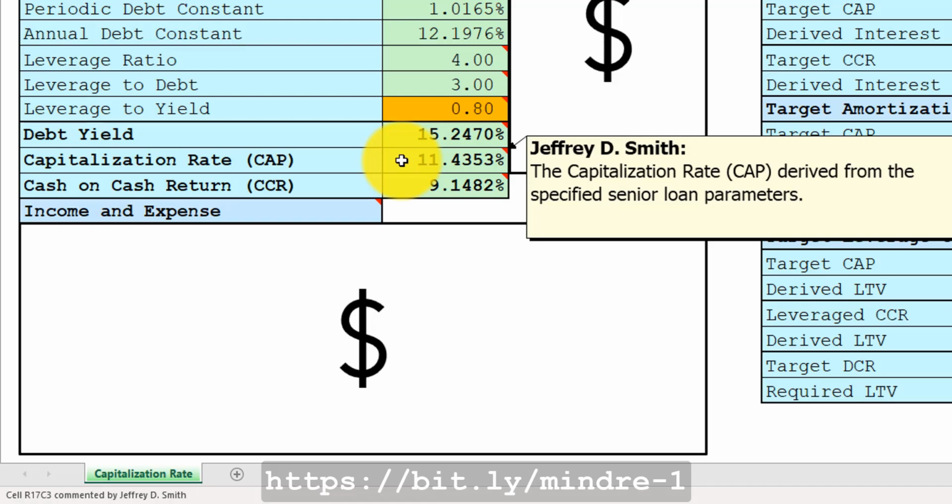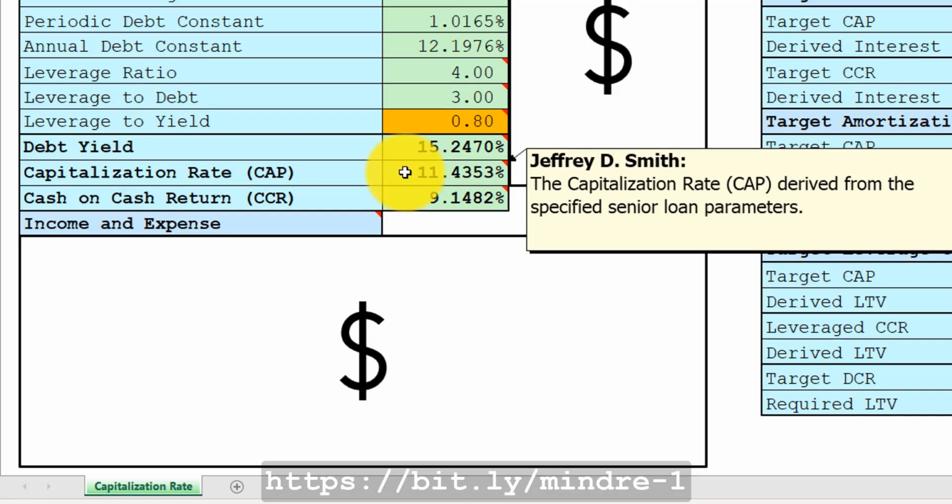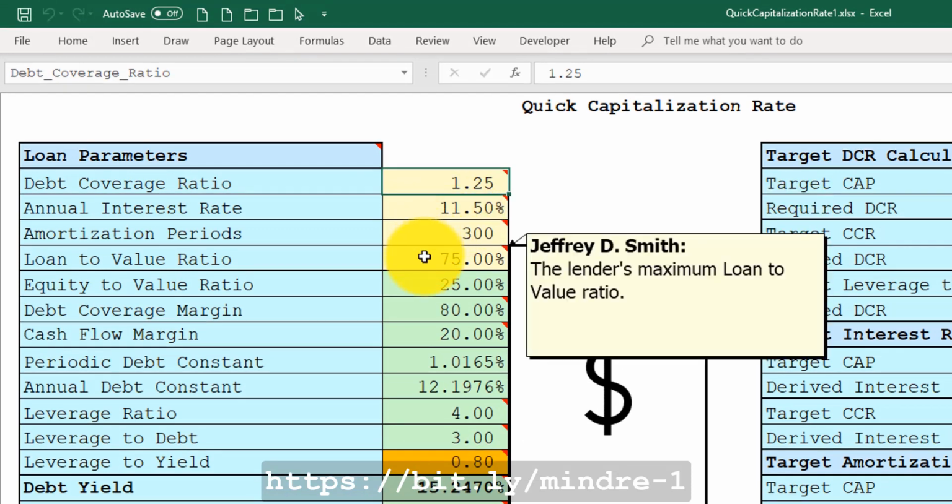Now, this mortgage broker said that the lender said that this property would only support a 62.5% loan-to-value ratio. The problem is that a 62.5% loan-to-value ratio would only support the debt service and no cash flow for the borrower.